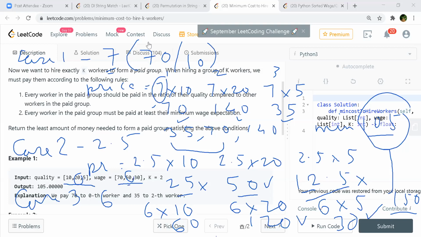To add to what Vivek says, if we look for the worker which has the least W by Q, that would be the guiding worker. According to that worker, we'll try to make the group.